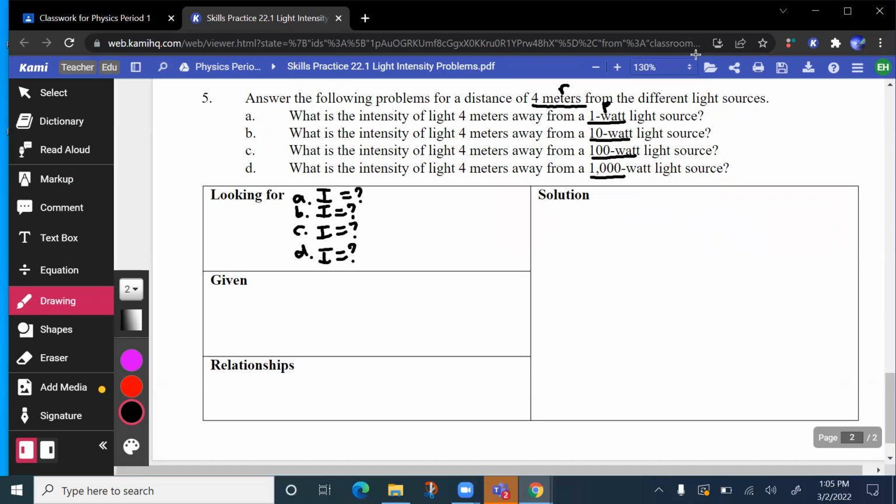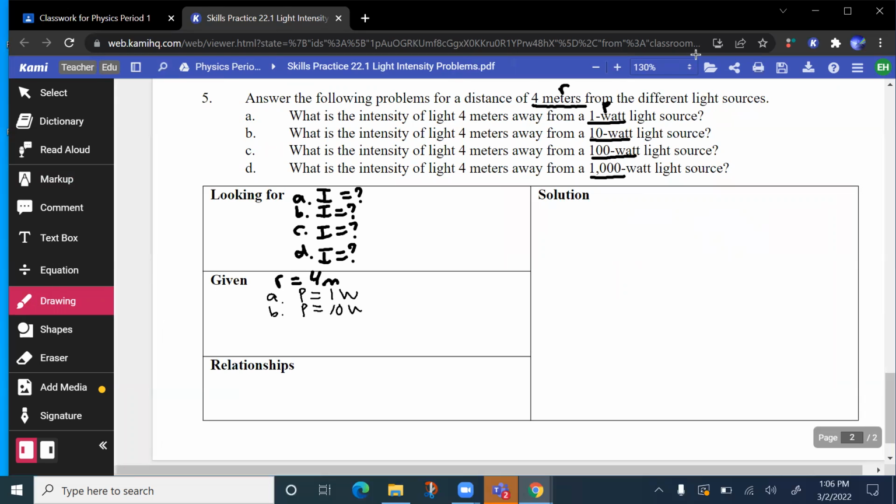Okay, we are given r is 4 meters away. For part A, you are given a power of 1 watt. For part B, you're given a power of 10 watts. For part C, you're given a power of 100 watts. And part D, you're given a power of 1,000 watts.